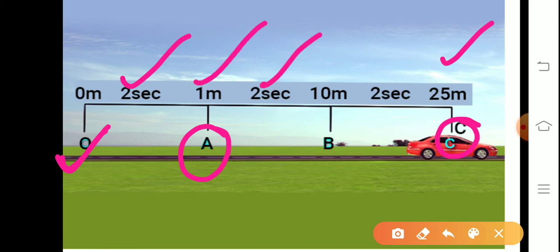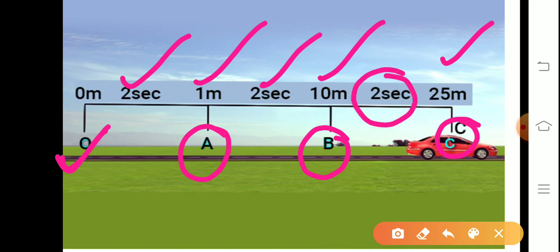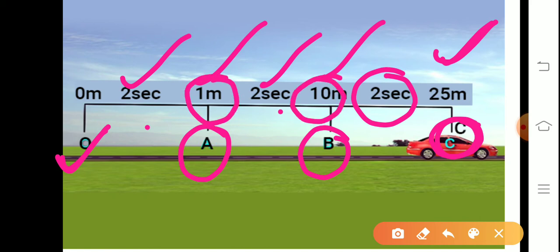In the next 2 seconds it reaches B covering 10 meters. In the last 2 seconds it reaches C covering 25 meters. Here you can observe the time interval is the same, but the distance traveled by the car is not the same: 1 meter, 10 meters and 25 meters.